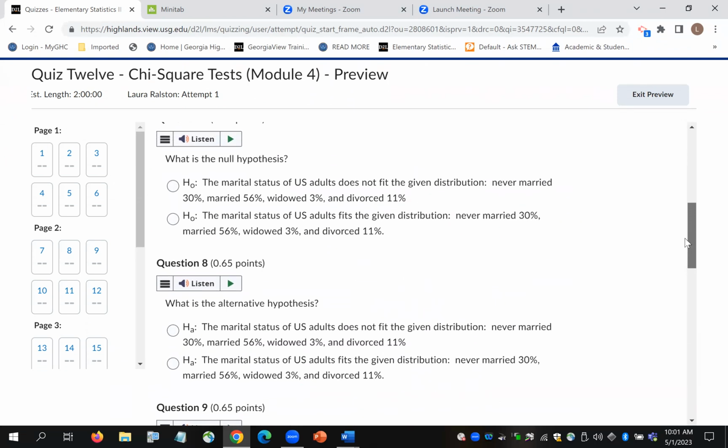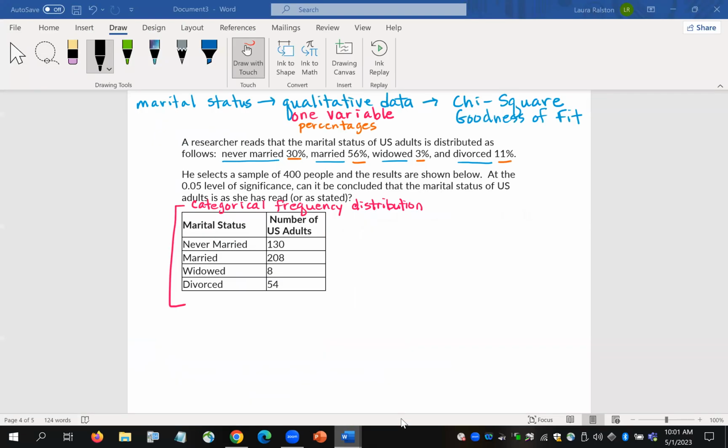Because look at how these are worded. It says does not fit, or it fits the given distribution. So it's talking about a fit in my hypotheses. If I take the time to look ahead, so to speak, that may also help me recognize that it's chi-square goodness of fit.